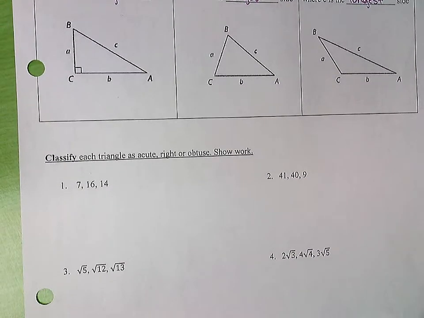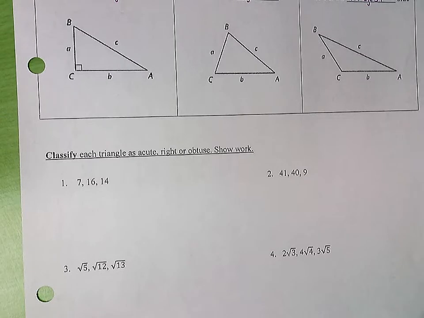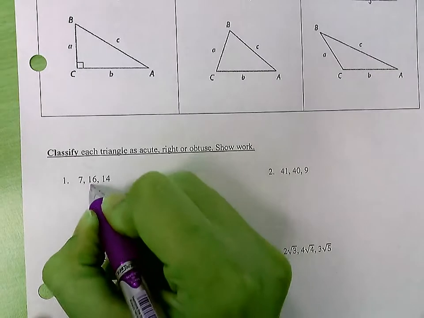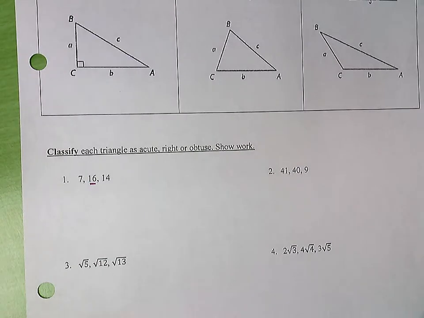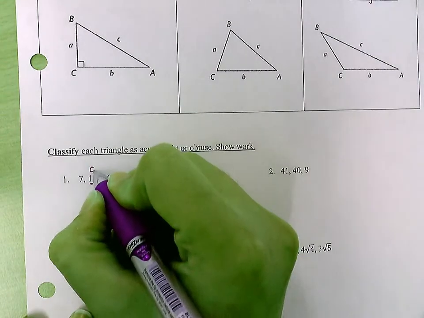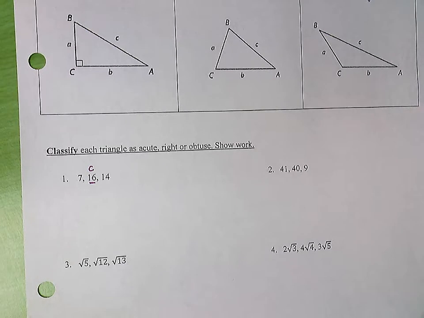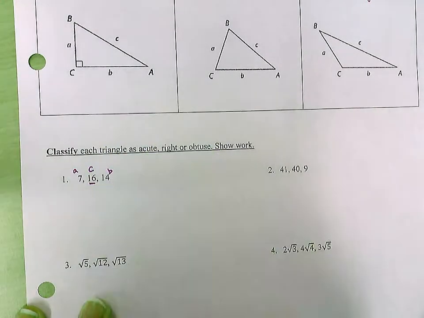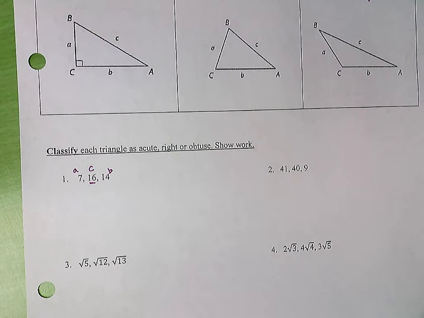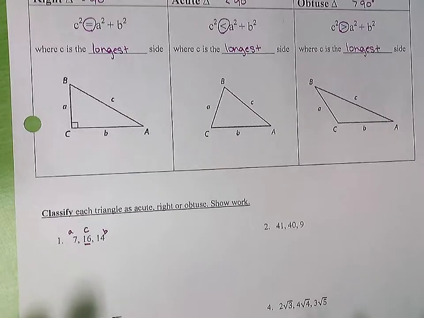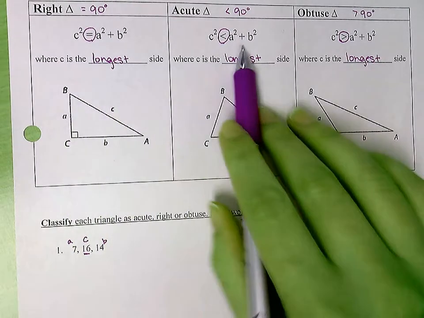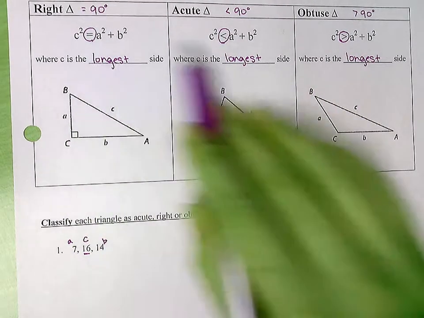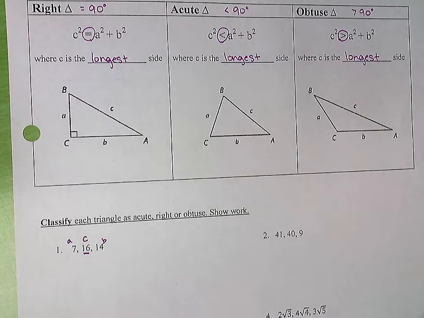My first step is to pick out the largest number for your longest side. That would be 16. It's your largest number, so it's your c value, and I can label that as c if I need to. That means the other two lengths are a and b. If you need to label a and b, you can. I'm going to set it up like the equations up here, but I'm not going to put equal, less than, or greater than within the equation.